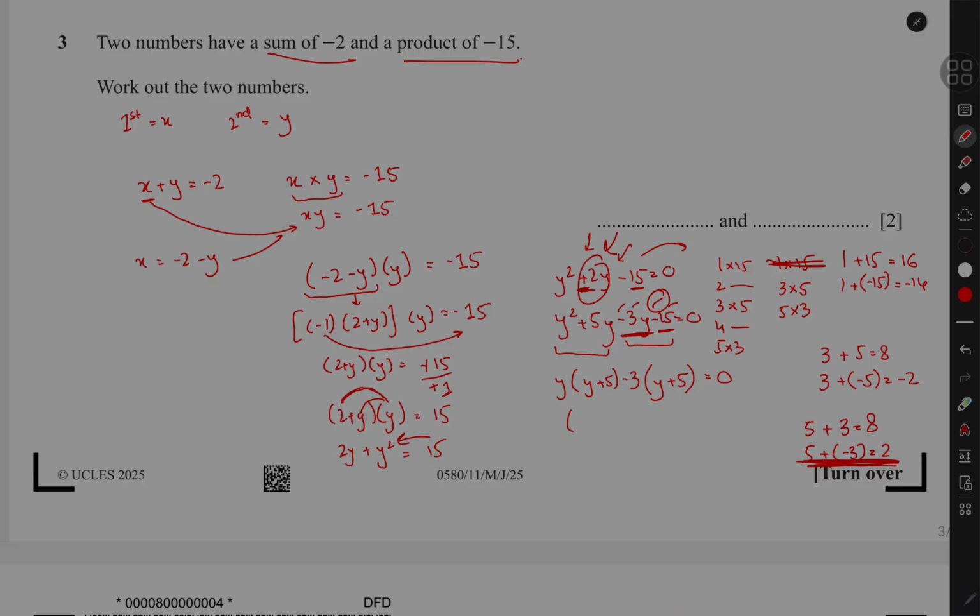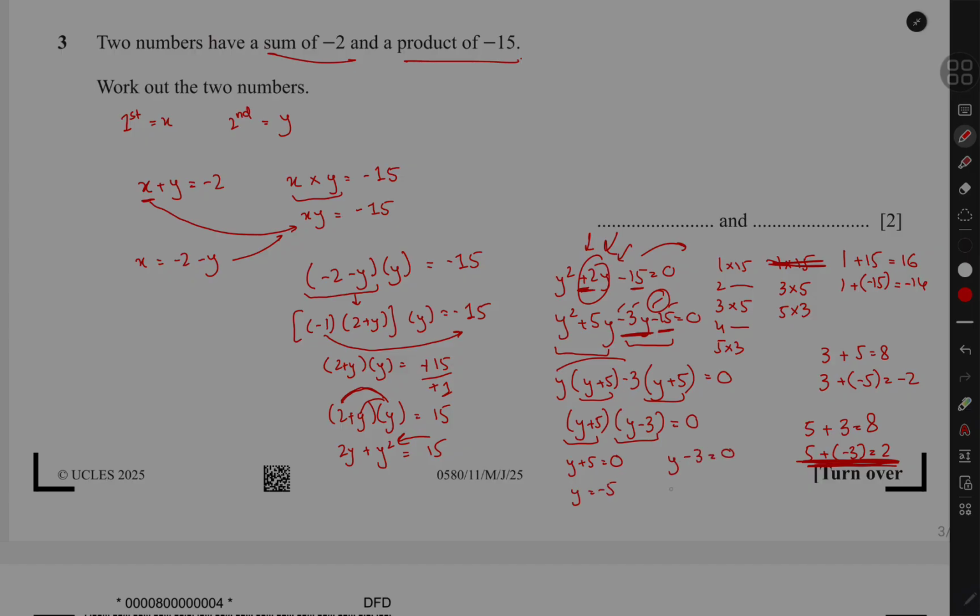Now, I can just take y plus 5 common from both of these terms, y plus 5, and the remaining stuff is y minus 3 is equal to 0. Now, I can set both of these as 0 one by one. Y plus 5 is equal to 0 and y minus 3 is equal to 0.